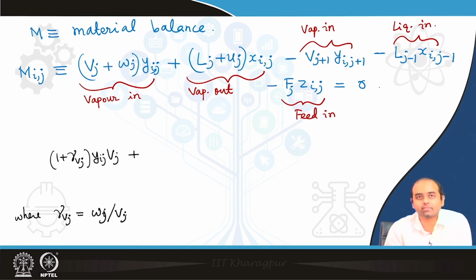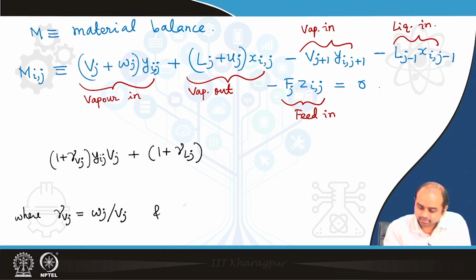So this is the fraction of the total vapor flow rate that you are getting in the side cuts, right? And Yij Vj gives you the idea of the component vapor flow rates.